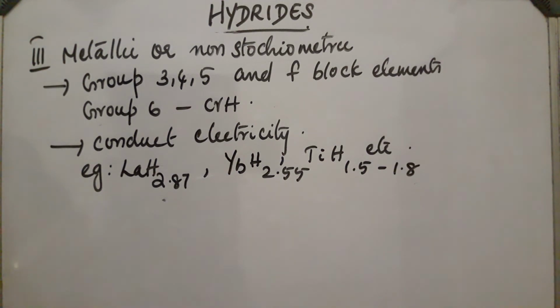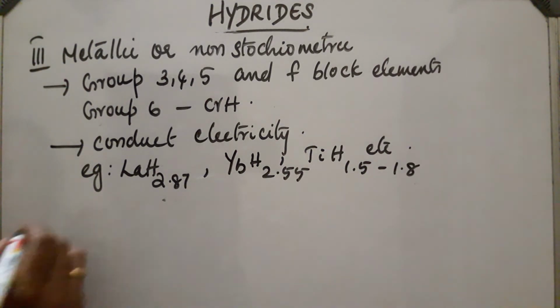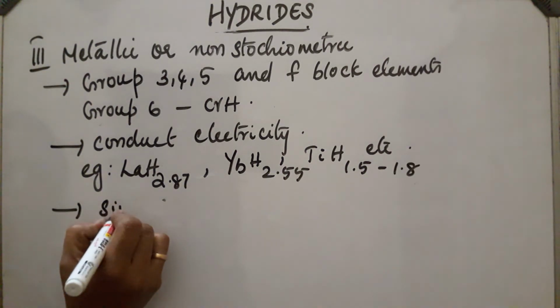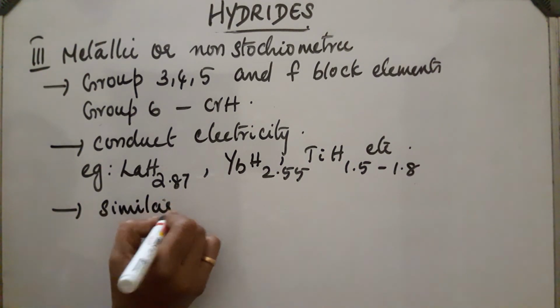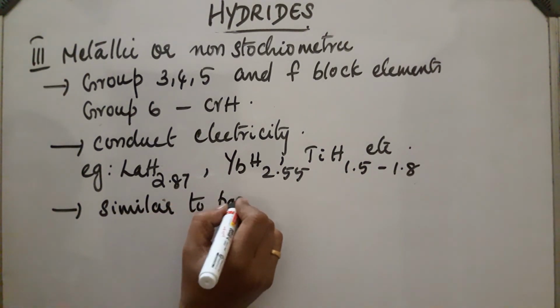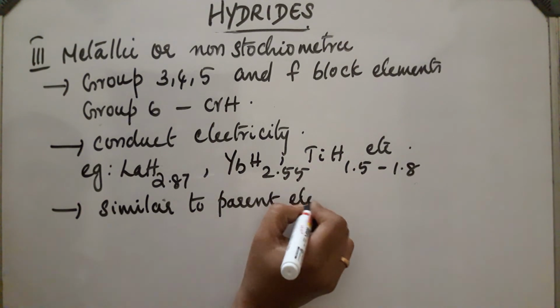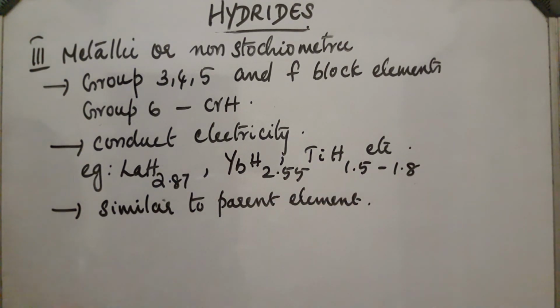Okay. Next, we can see some of the properties of metallic hydrides. They have properties similar to the parent element, that is, the parent metals. They are hard, they have metallic luster because they are metallic in nature.